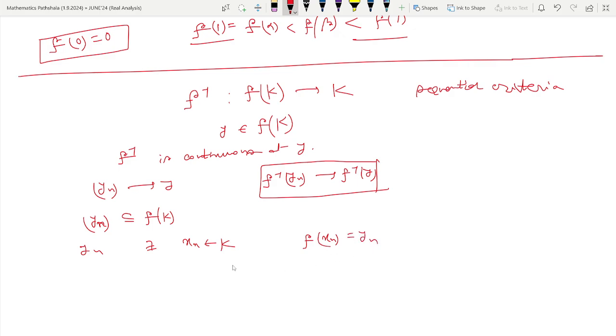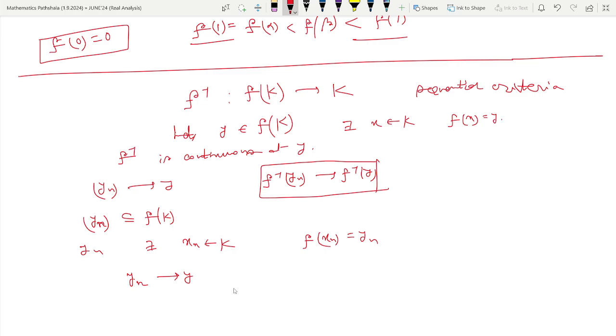And now we have supposed that y_n tends to y. Also, we have taken y belonging to f(K), so there exists some x belonging to K such that f(x) equals y.